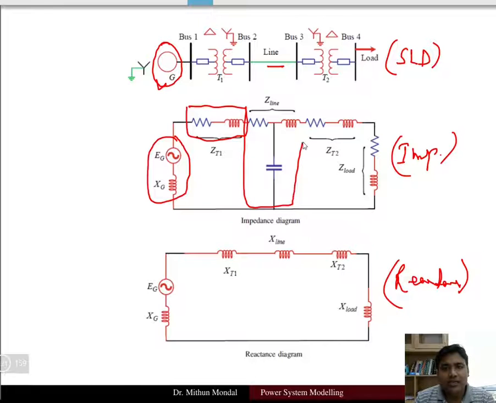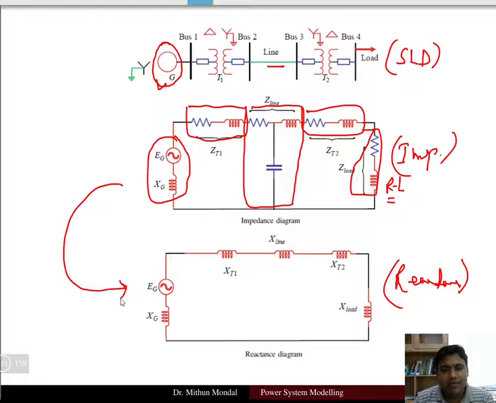So this is a transmission line. Then you have a transformer, and then you have a load. The load can be represented with the help of an RL circuit. Now from the impedance diagram we can obtain the reactance diagram by omitting the resistance.